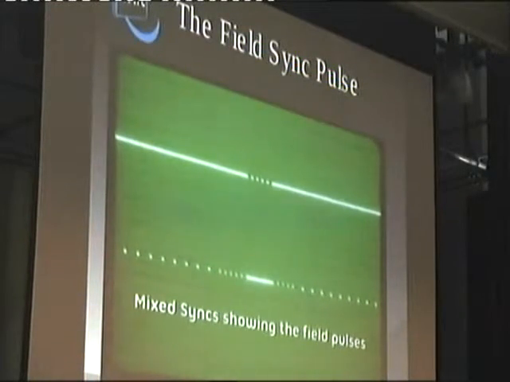The job of the equalising pulses is to stabilise the state of the signal before it arises at the sync separator. It gives a period of, for want of a better word, calm, so that each field starts at the same point when the integrator of the field sync separator is charging up.